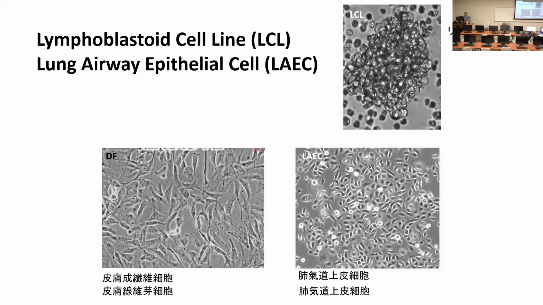So we used existing data sets from lymphoblastoid cell line, lung airway epithelium cell, and dermal fibroblast. The first cell line data we sequenced ourselves. We cultured them in the Petri dish. The other two, we downloaded the data from other people.